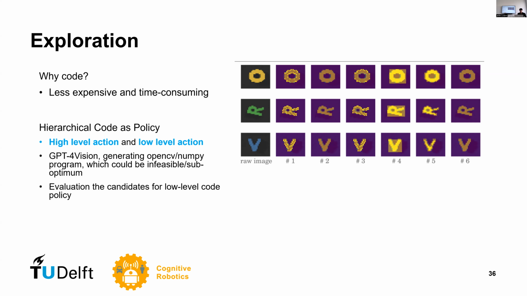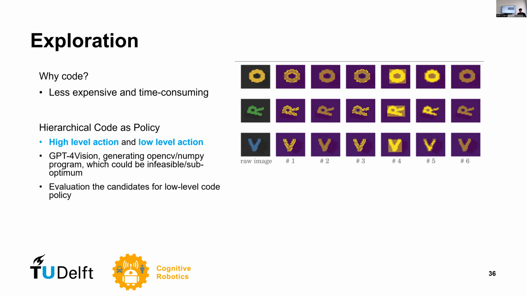And we use hierarchical Code as Policies. The code for our exploration consists of a high-level action code and a low-level action code policy. It is generated by GPT-4 Vision, a GPT version that can handle image input modalities.